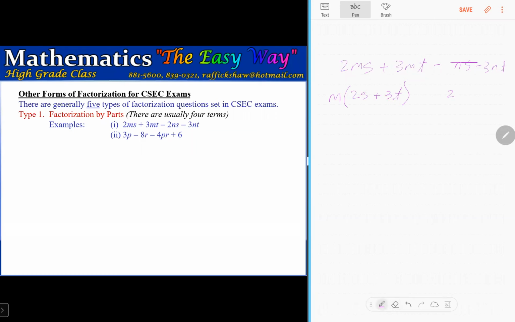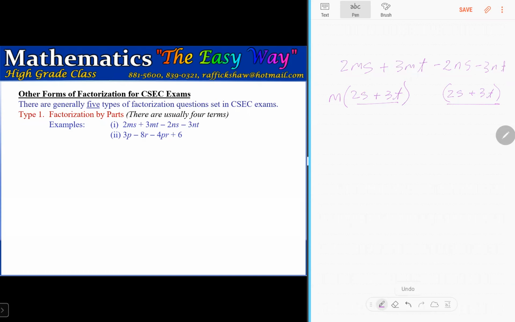My mistake. That is 2ns. So I have to write 2s plus 3t in the bracket over here as well. Whatever is in the bracket here, the same thing must be in the bracket there. Very important. If you put 2 different things in the brackets, you're running into problems. You must have the same thing in the 2 brackets.